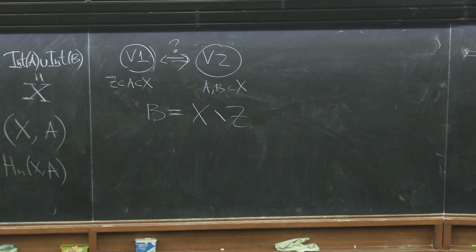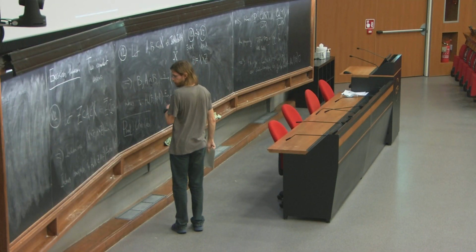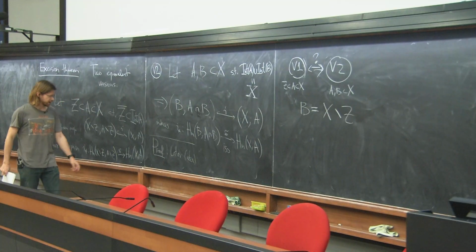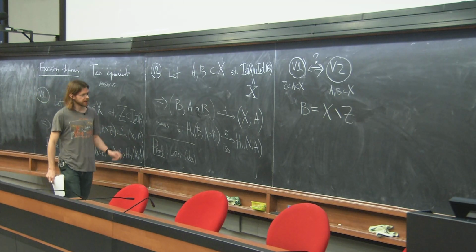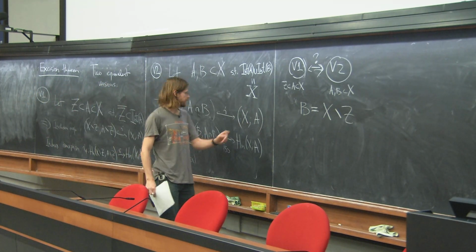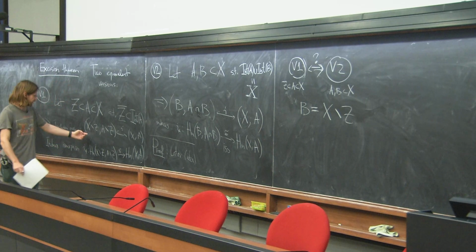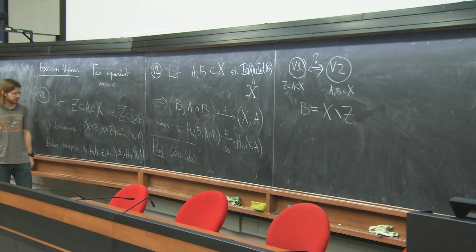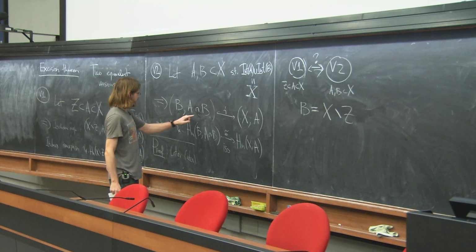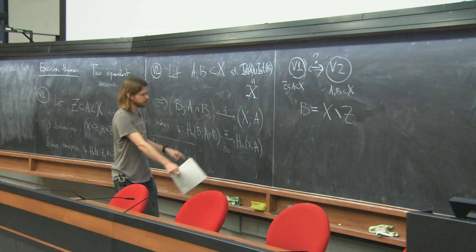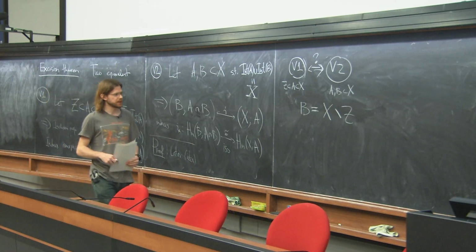Well, first let's see about the statement of the theorem. In both cases, we had a map to X, A here and X, A here, so that is the same. And on the first place, here we have B, and here we have X minus Z. So indeed, this is an agreement. And now we want to check that, under this identification, A intersection with B is the same as A minus Z. Well, let's see.